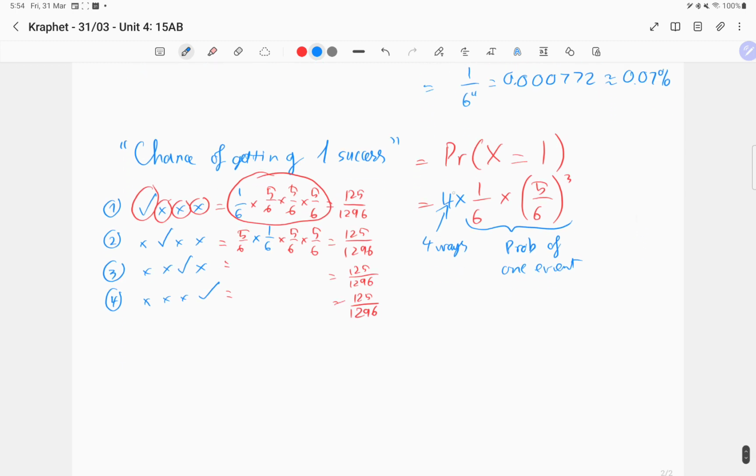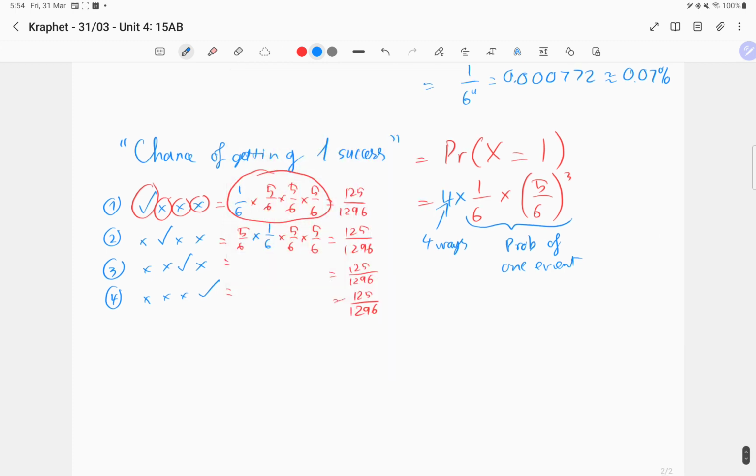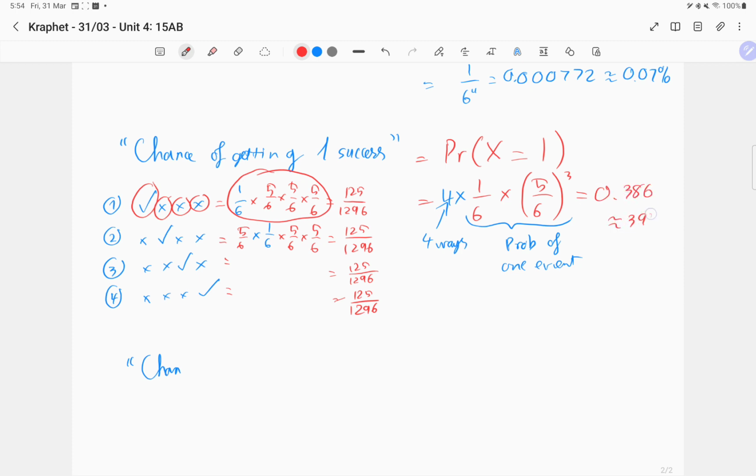So now how do we get that number 4 then? Let's just say we consider the next question. But first, if we were to calculate that, let's see what the actual number is, right? So 4 times 5 cubed over 6 to the power 4. Okay, so this is 0.386 or roughly 39%.